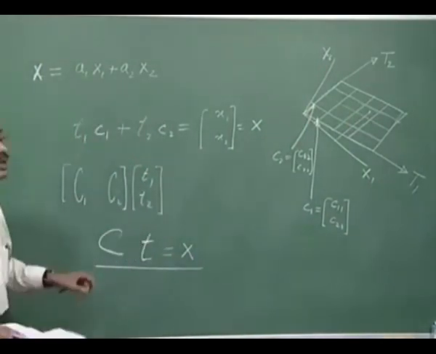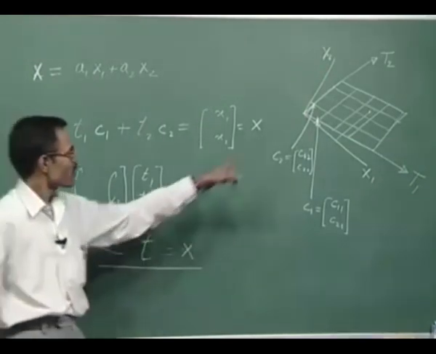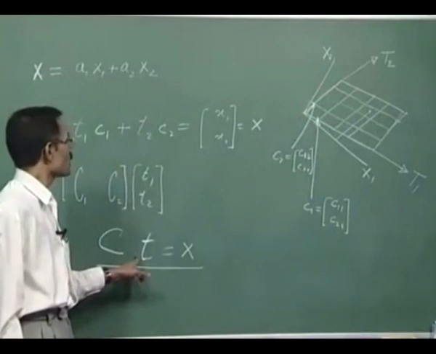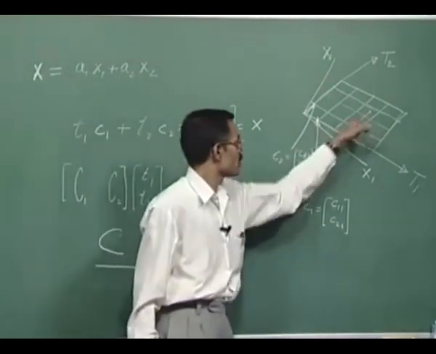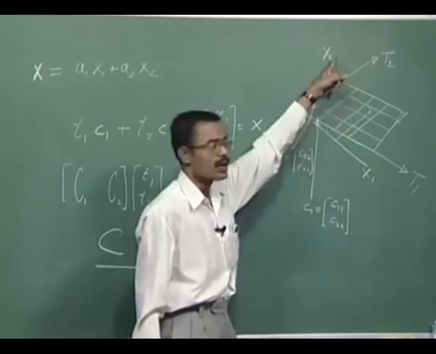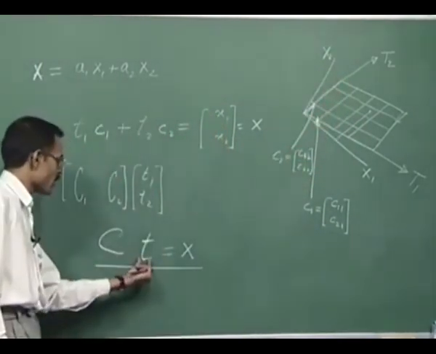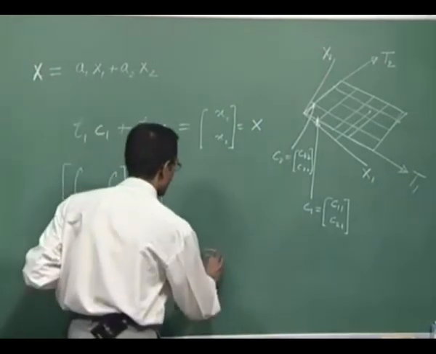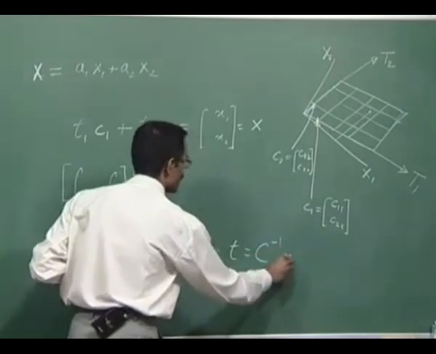This gives us an equation relating the number of steps along the edges of the table T1 T2 to the location of this point, which we know in the old x1 x2 system. And if we want to find out T, then we need to invert the matrix C and get it like this, right.